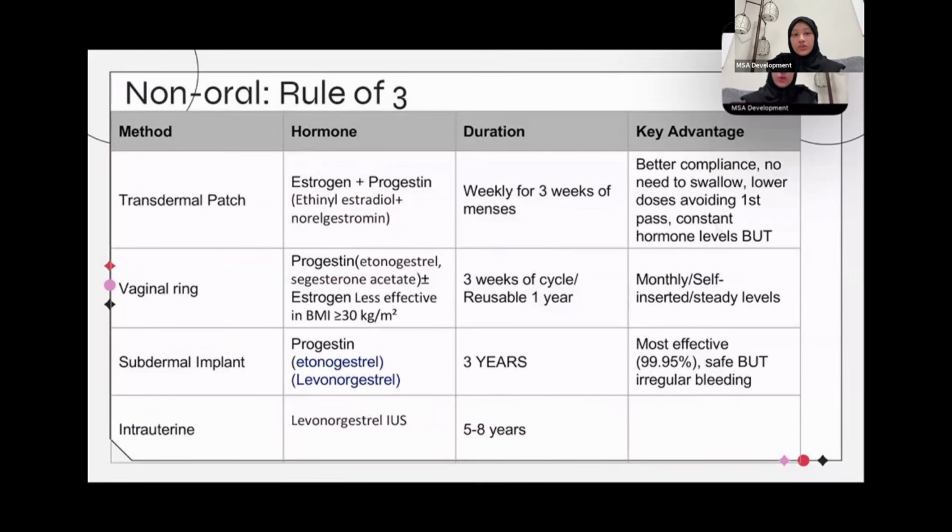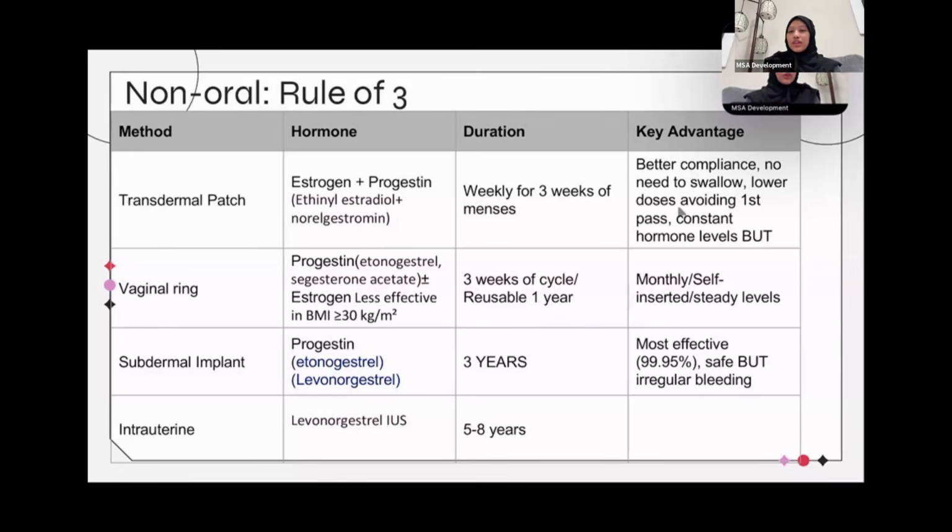Okay, so non-oral route, non-injectable, rule of three. Just remember, you will see three everywhere. So three, three, three. This one I'll talk about in a bit. So transdermal patch, remember we said better compliance because it's weekly for 3 weeks of menses rather than pill daily. No need to swallow, comparing it to pill, not to injection.